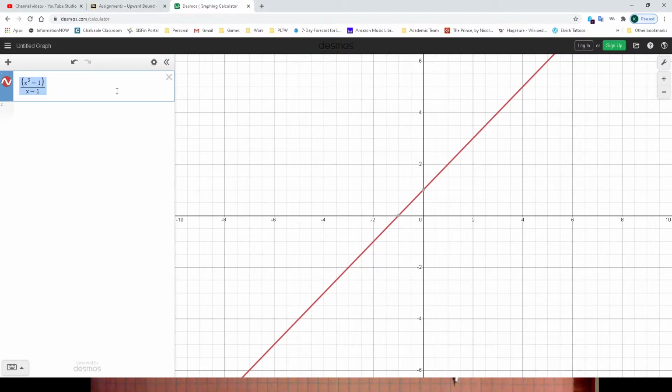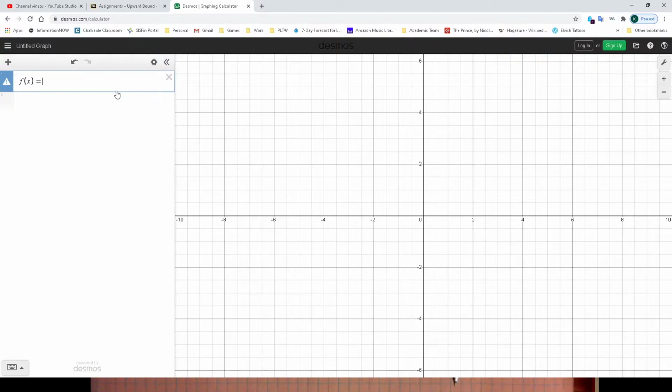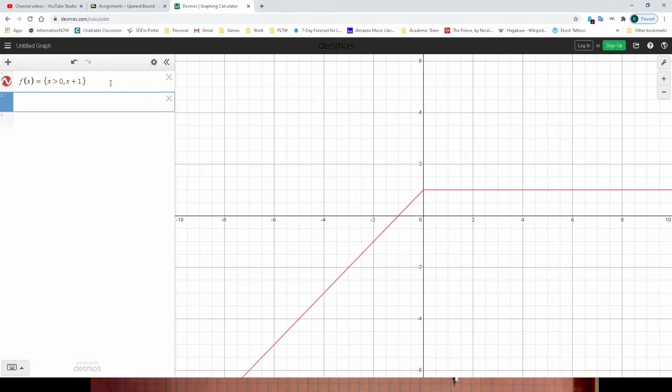In this case, I have the function f of x is equal to x plus 1 when x is greater than 0, and f of x is equal to x squared plus 1 when x is less than or equal to 0.